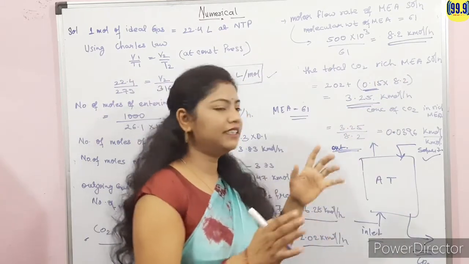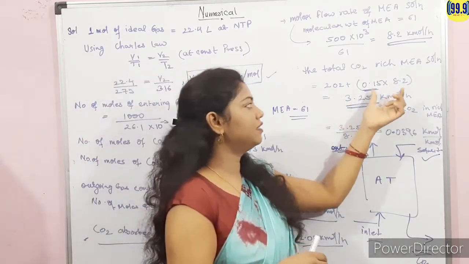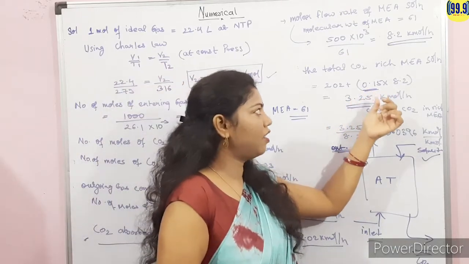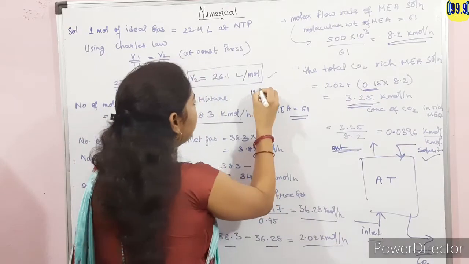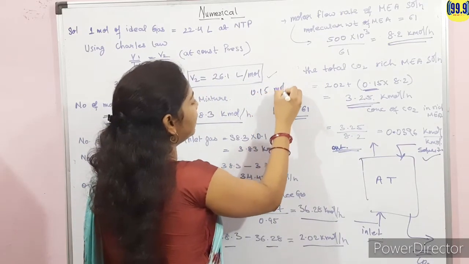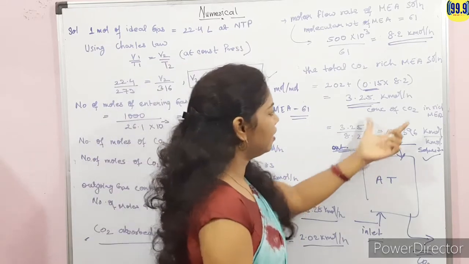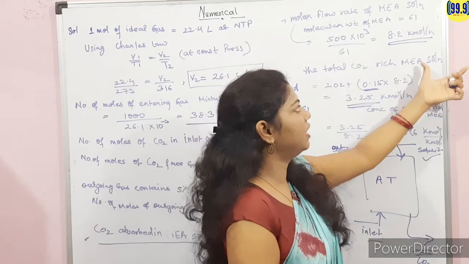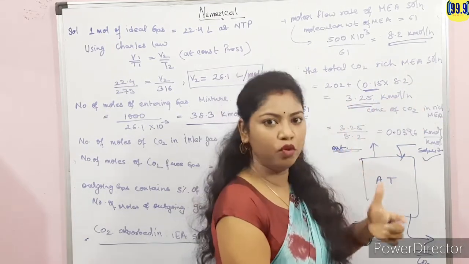As you can see in the question, the concentration of the CO2 at the entering condition is given as 0.15 mole per mole. But our answer comes out from here that the total number of CO2 in rich MEA solution is 3.25 kilomole per hour.